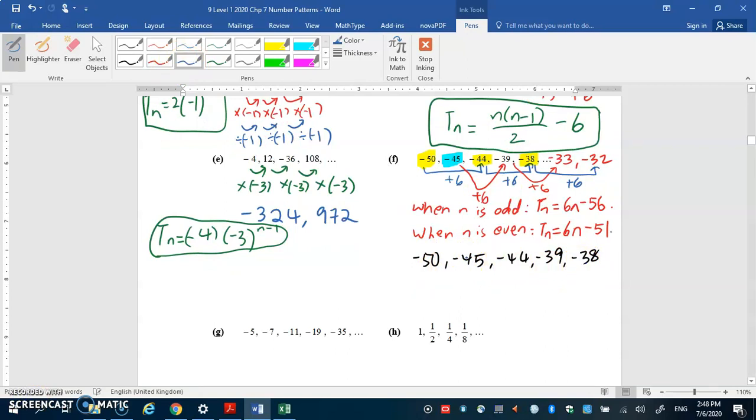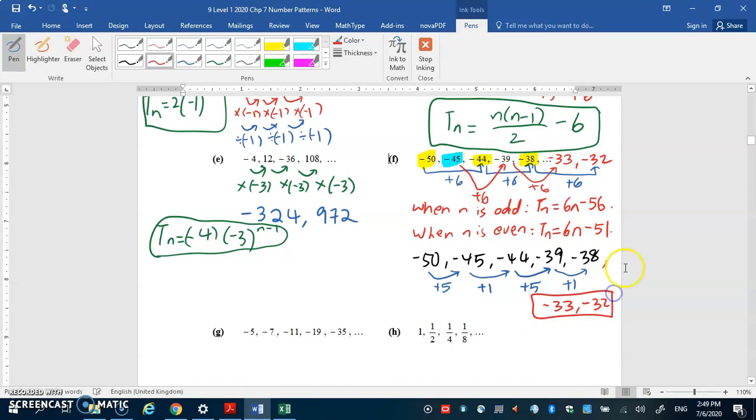Some of you may have observed that maybe there's this pattern of negative 50 plus 5 to get negative 45, and negative 45 plus 1 to get negative 44, then negative 44 plus 5 to get negative 39, and then negative 39 plus 1 to get negative 38. So if you do that plus 5 plus 1 plus 5 plus 1, the next two terms, negative 38 plus 5 will be negative 33, then plus 1 will be negative 32.